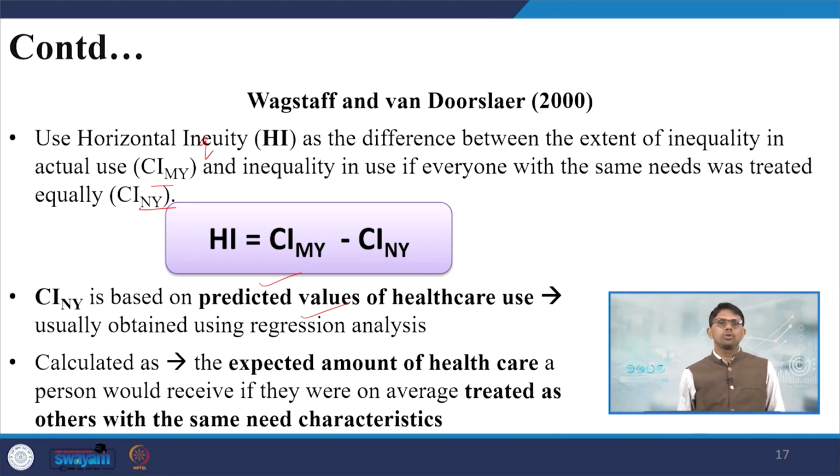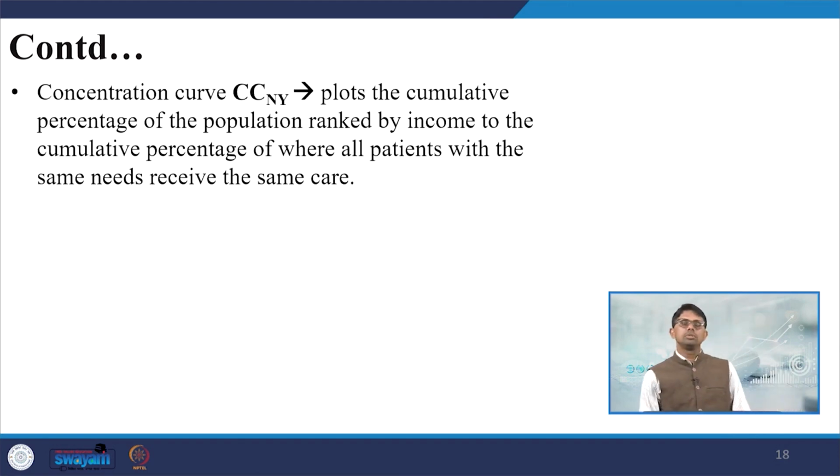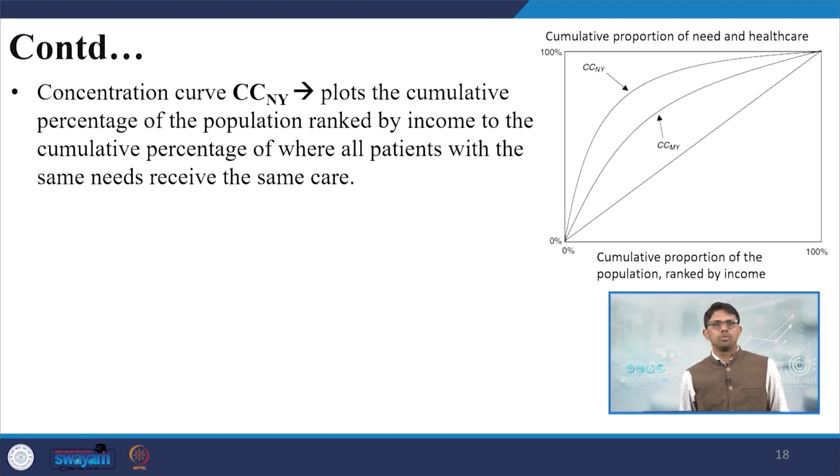So, the expected amount of healthcare a person would receive if they were treated on average like others with the same need characteristics. The concentration curve, CCNY, plots the cumulative percentage of population ranked by income against the cumulative percentage of care where all patients with the same needs receive the same care.